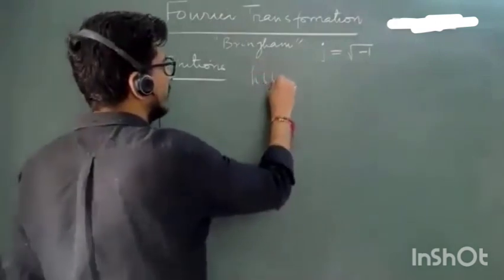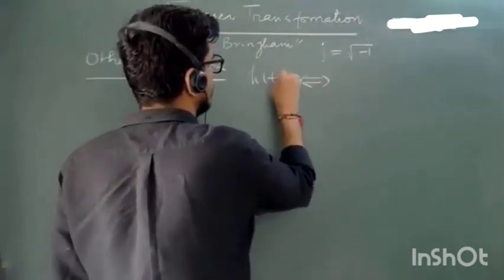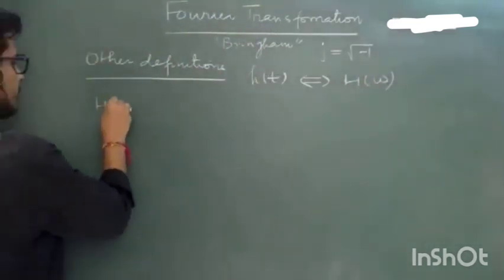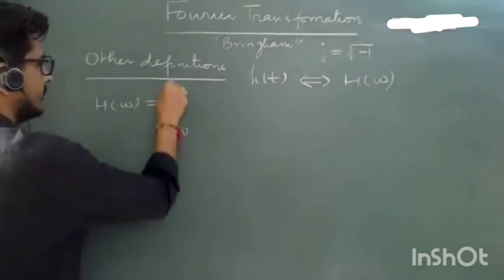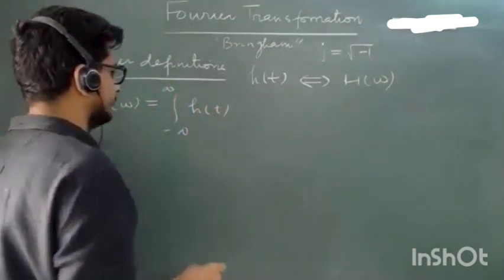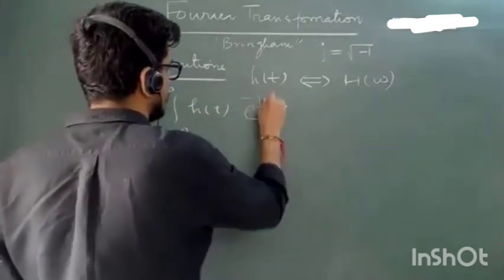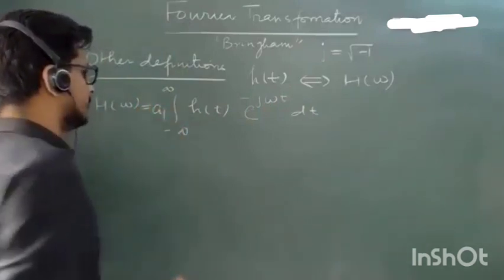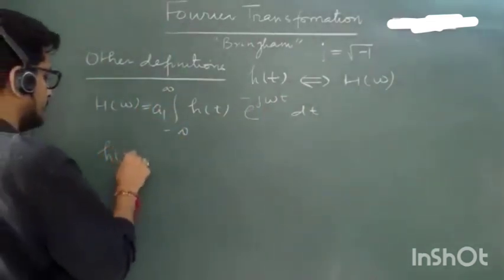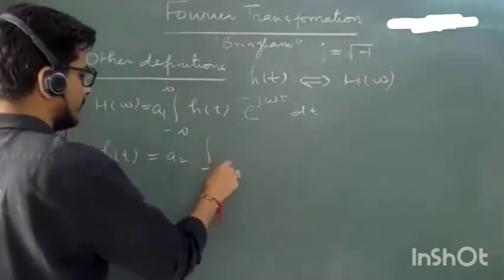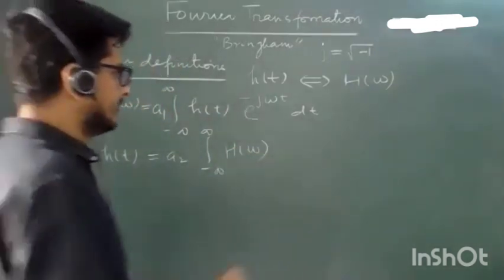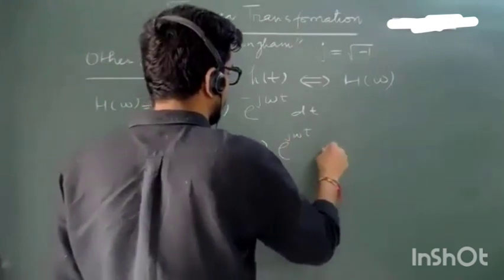So if I write the Fourier transformation of h(t) as h of omega, h of omega is equal to the integral from minus infinity to plus infinity of h(t) e to the power minus j omega t dt, with a coefficient a1, and I write h(t) is equal to a2 times the integral from minus infinity to plus infinity of h of omega e to the power j omega t d omega.